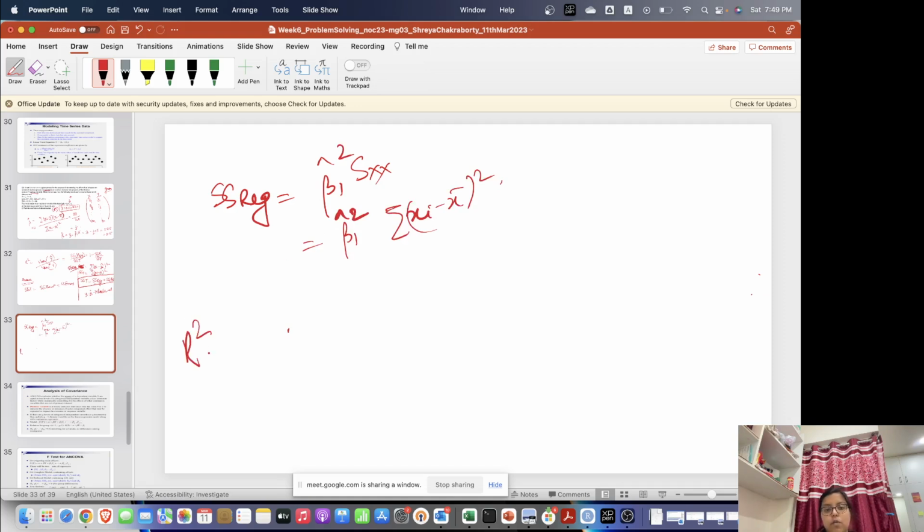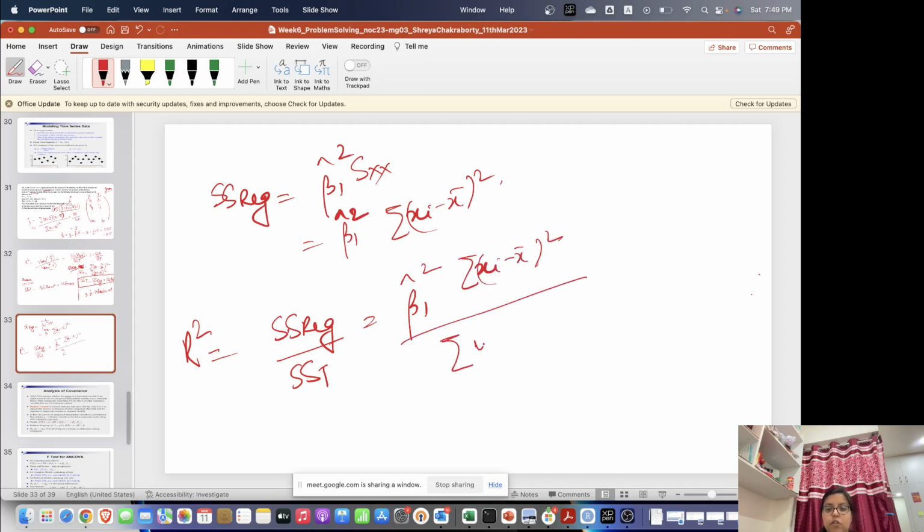So R square will be beta 1 hat square summation xi minus x bar whole square divided by summation yi minus y bar whole square.